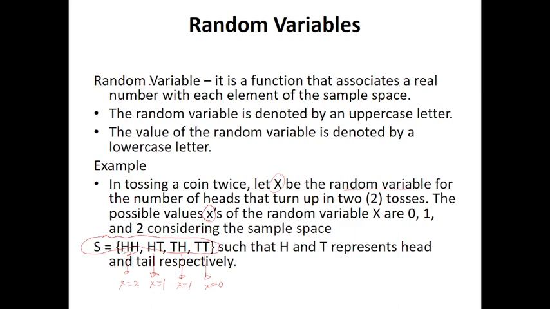Now, let us go back to the definition of the random variable. A random variable is a function that associates a real number with each element of the sample space. When we talk about a random variable, it is a function. What does that mean?